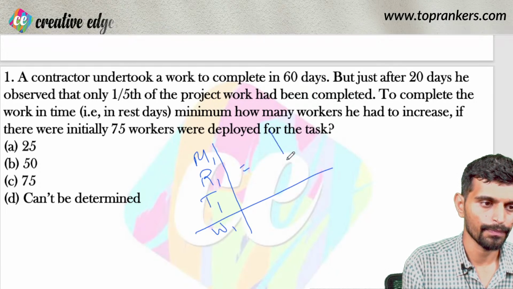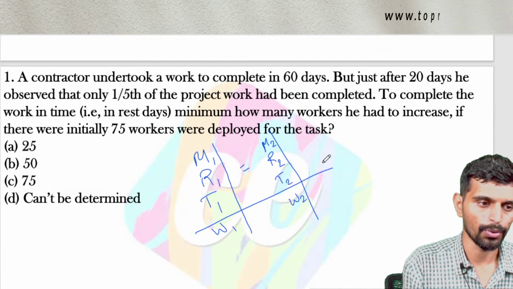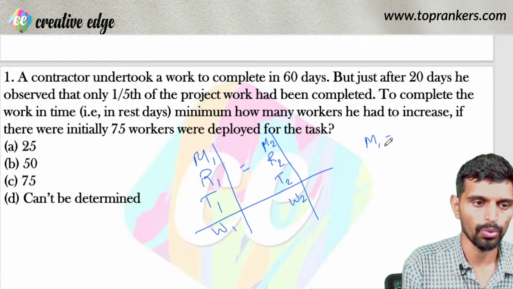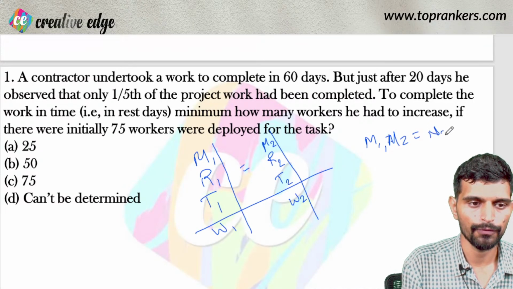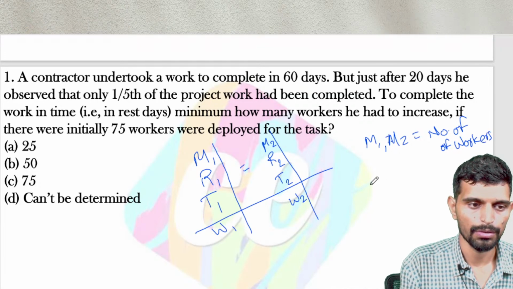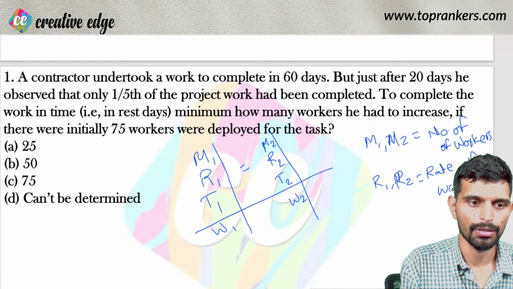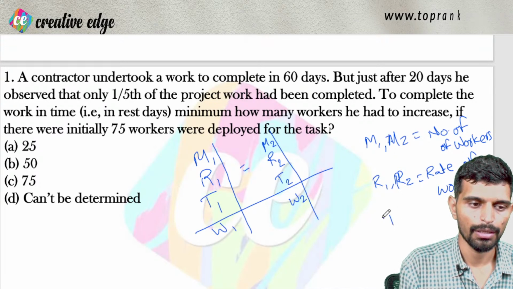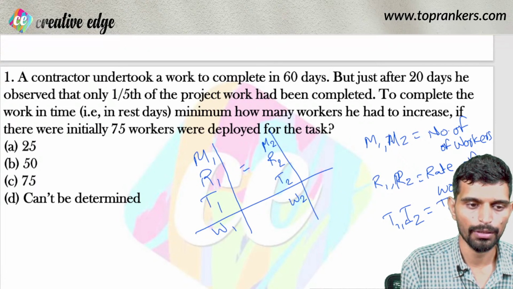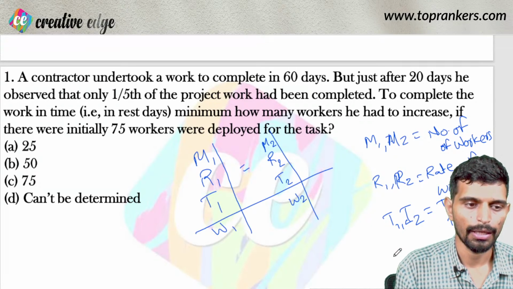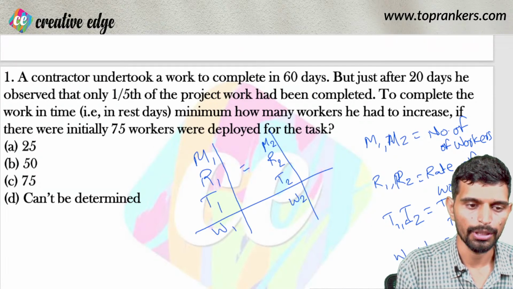This is equal to M2 R2 T2 divided by W2, where M1 and M2 represent number of workers, R1 and R2 represent rate of work, and T1 and T2 represent time taken to complete the work, and W1 and W2 represent work done.